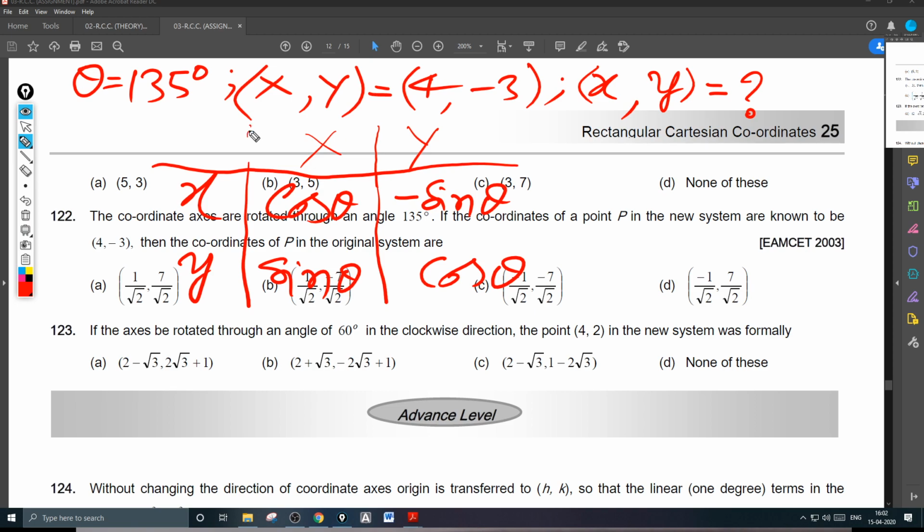Check it out, please. Original is needed here. Small x is needed. Can you try and tell me? Small x is equal to capital X cos theta minus capital Y sin theta. Small y is equal to capital X sin theta plus capital Y cos theta.